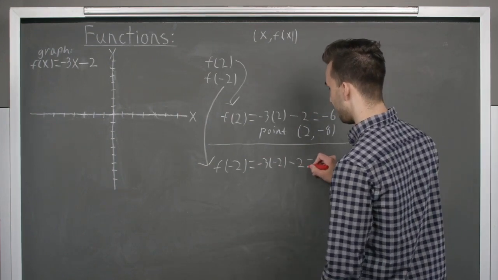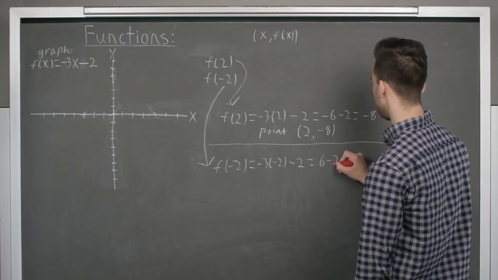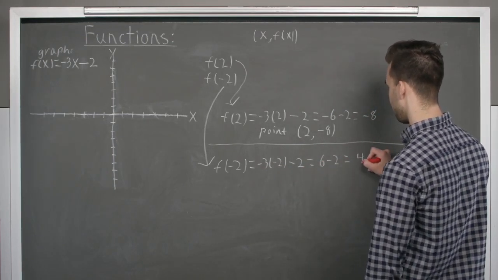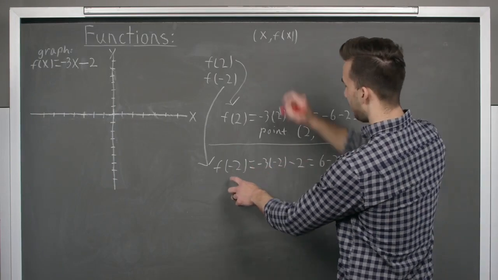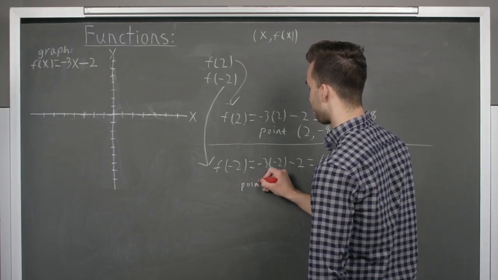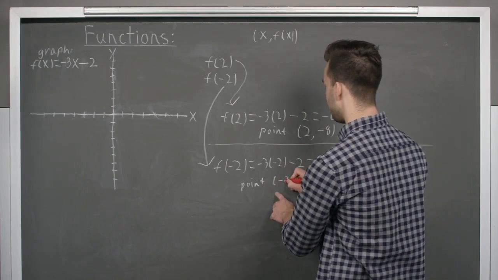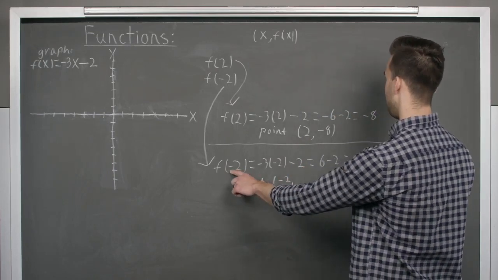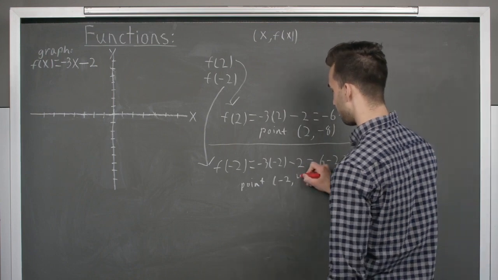Let's simplify that. So -3 times -2 is +6, minus 2 gives us +4. So for this point, we have our x. Let's write a point. -2, and then our f of x, the value of our function, is equal to 4.